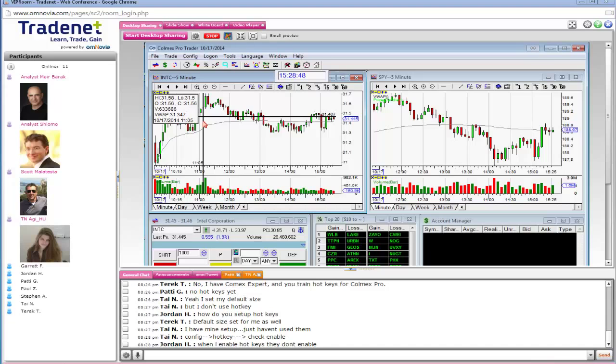That means it made 70 cents, but 70 cents is a wide range day for Intel. Usually the daily ranging price of Intel is going to be from about 30 cents to 50 cents, and this is the kind of stock that he looked for. So that means stocks with low volatility and high volume.